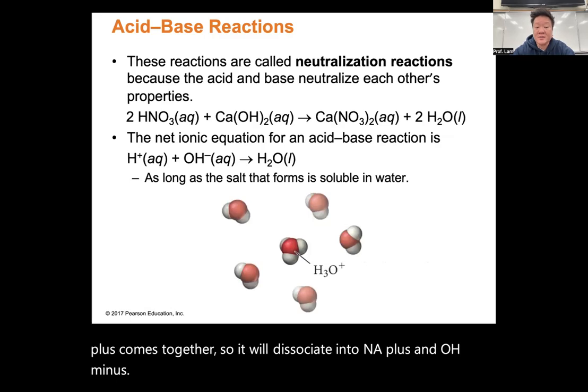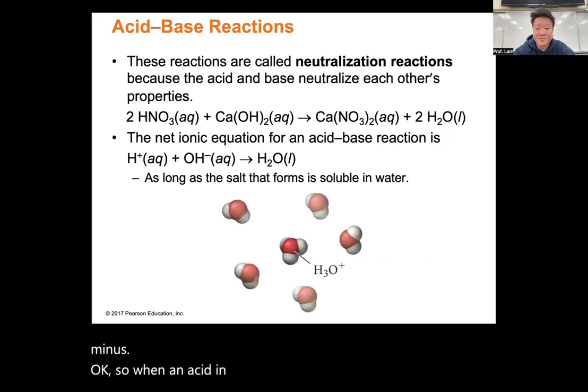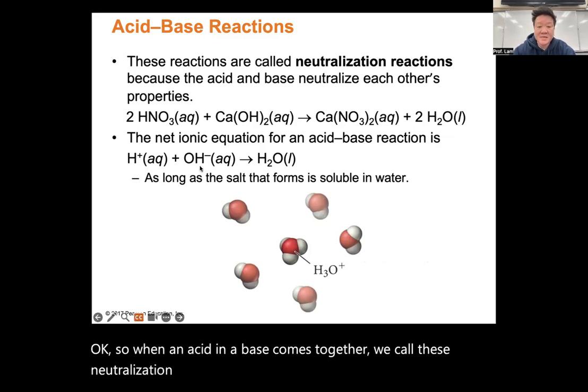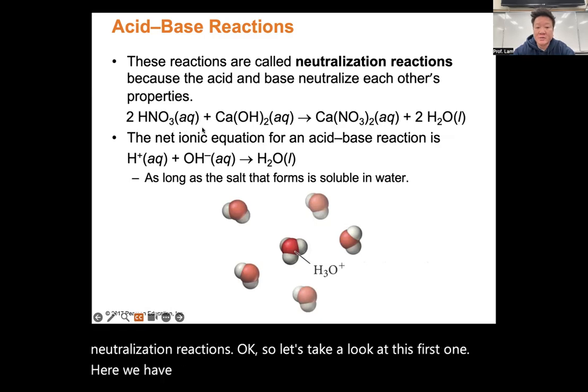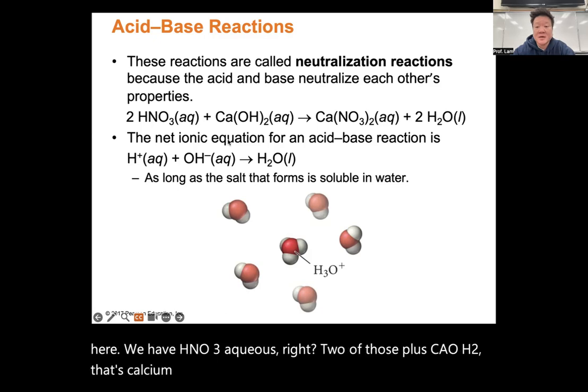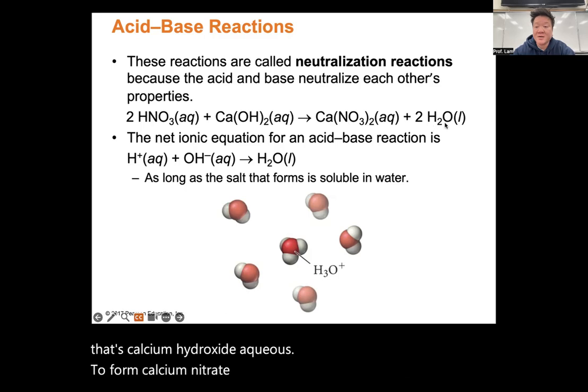So when an acid and a base come together, we call these neutralization reactions. Let's take a look at this first one here. We have HNO3 aqueous, two of those, plus Ca(OH)2, that's calcium hydroxide aqueous, to form calcium nitrate aqueous and two waters. It's a balanced equation.